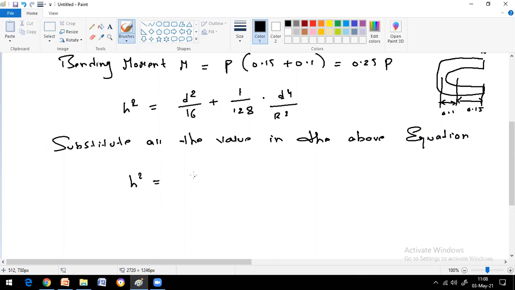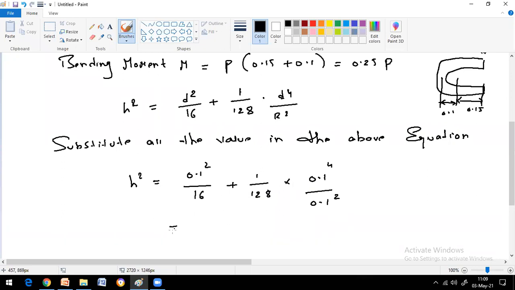H square is equal to, what is the diameter? 0.1 square by 16 plus 1 by 128 into 0.1 whole power 4 by, again radius is also same, 0.1 square.